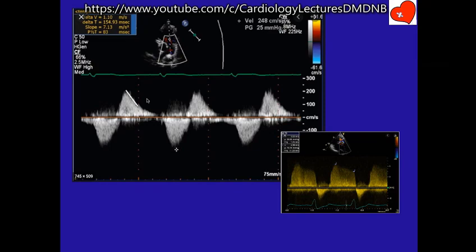Operated tetralogy of Fallot. Yes or no? Yes, sir. The most common condition is operated tetralogy of Fallot. Then comes balloon of pulmonary stenosis. Then comes absent pulmonary valve and all that.